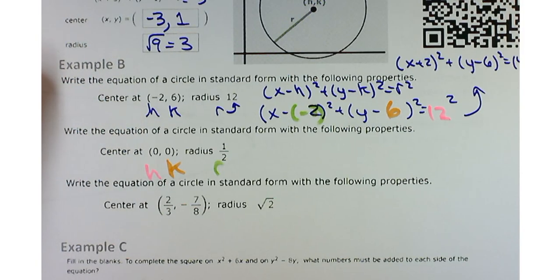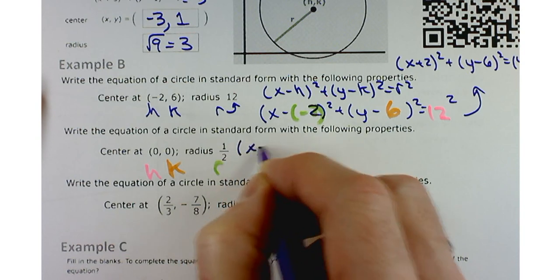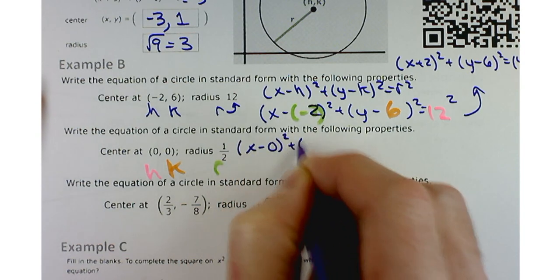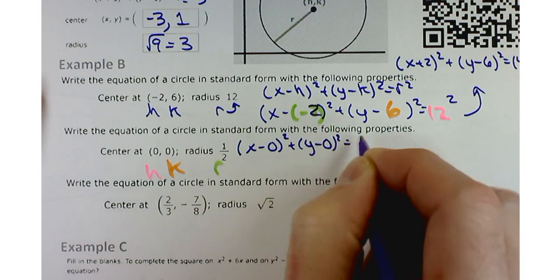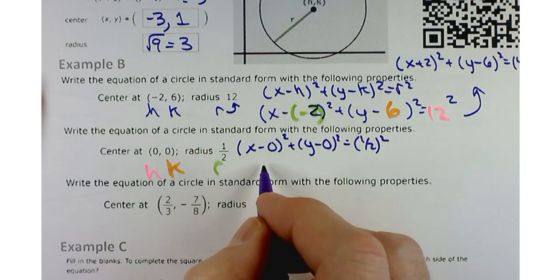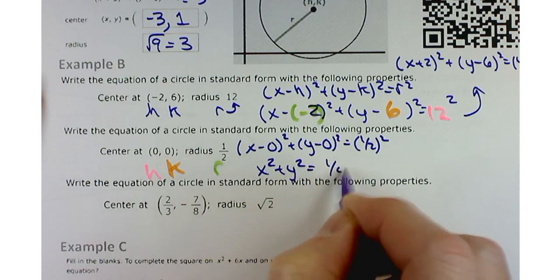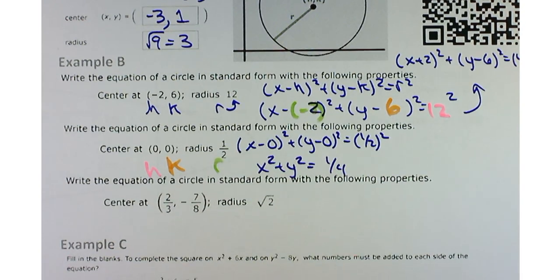This one will actually simplify pretty nicely. Has anyone got it? Does anyone want to just bark out an answer? Jameson. X squared plus y squared equals 1/4. Perfect. It starts out as x minus 0 squared plus y minus 0 squared equals 1/2 squared. But x minus 0 is just x. So I'll write that as x squared plus y squared equals 1/2 squared, which is 1/4. Great. Nice. Thank you, sir.